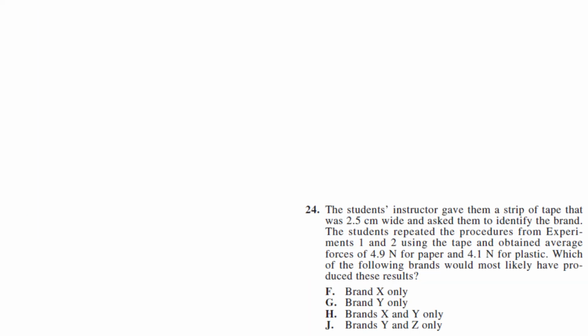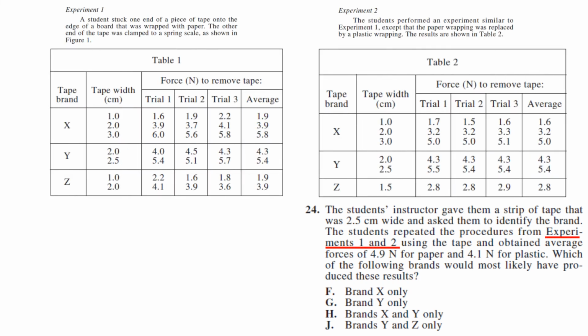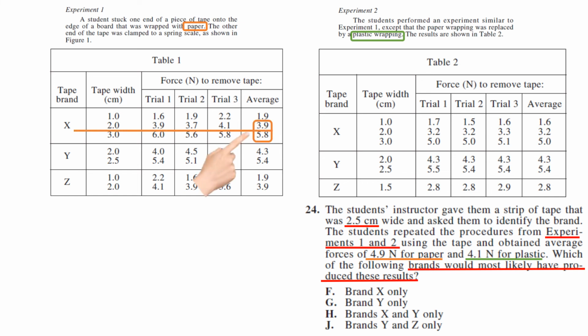Question number 24, we're using experiments 1 and 2. The instructors gave the students a strip of paper that was 2.5 centimeters wide and said which brand would have produced a result at 4.9 newtons for paper and 4.1 for plastic. So let's just check each brand. We're going to start with tape brand X, and 2.5 will be right here between the two tested, so that needs to be 4.9, and that is in range.